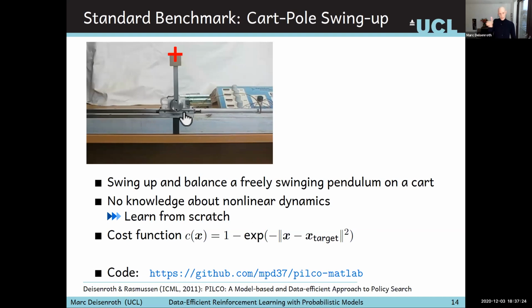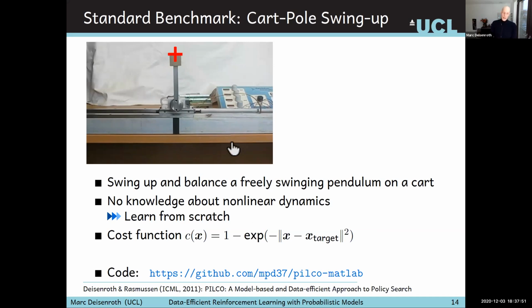There is a cart that is running on a track, and there is a pendulum attached to the cart. Initially, the pendulum is hanging downwards. We can push the cart to the left and to the right, and then find a control strategy that swings the pendulum up and balances it in the middle of the track in the inverted position. Basically, we want to get the tip of the pendulum to the point where the red cross is.